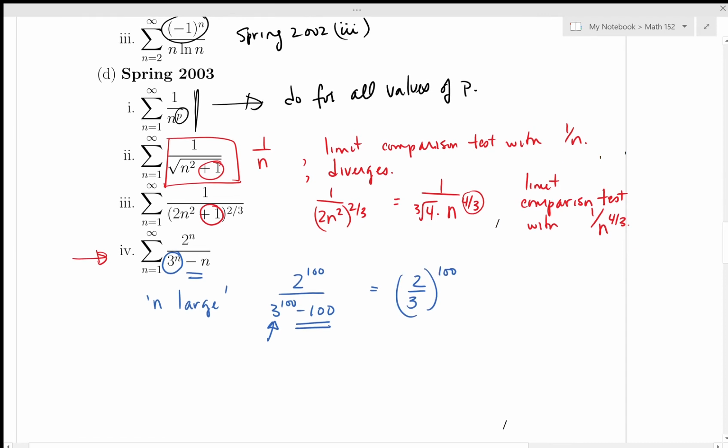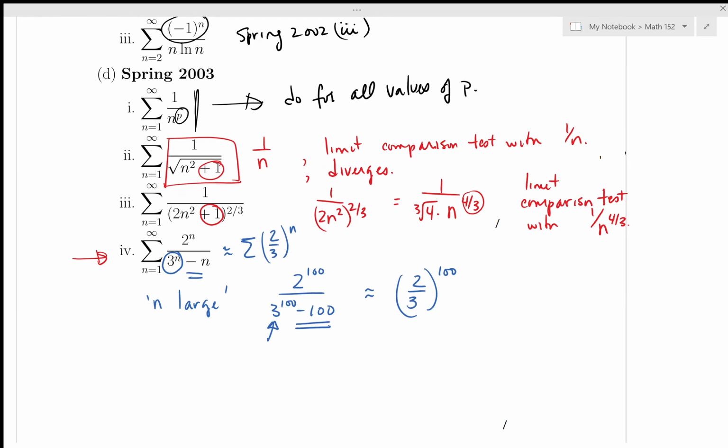It's not equal, but it's close, approximately. So this is approximately the sum of 2 over 3 to the n, and I see that as a geometric series with common ratio 2/3. So I'm going for convergence, and indeed that's what will happen.